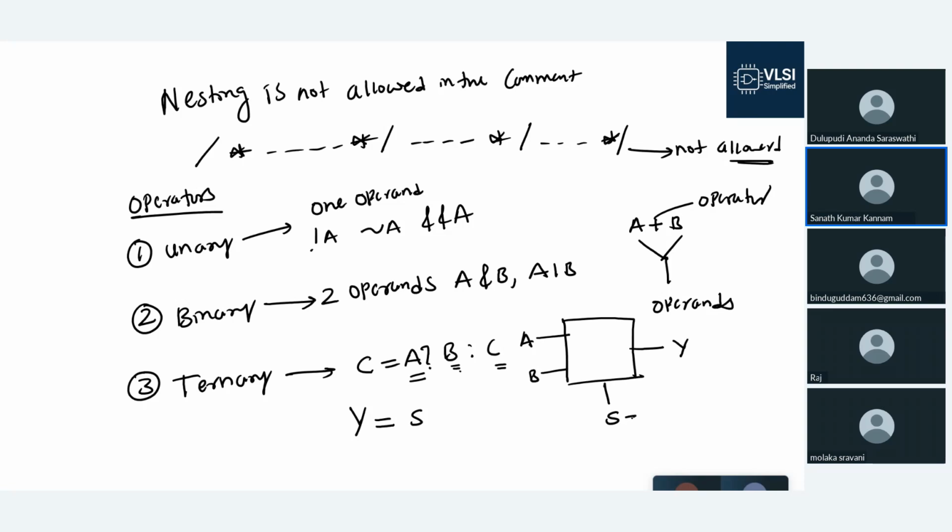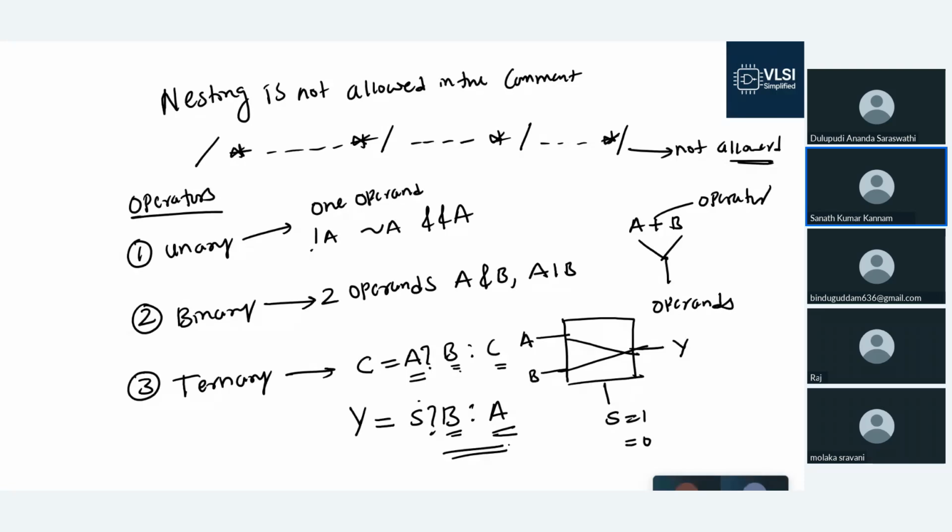When s equal to 1, B is selected. When s equal to 0, A is selected. So y equal to s, then B or A. So this is the application of the ternary operator.